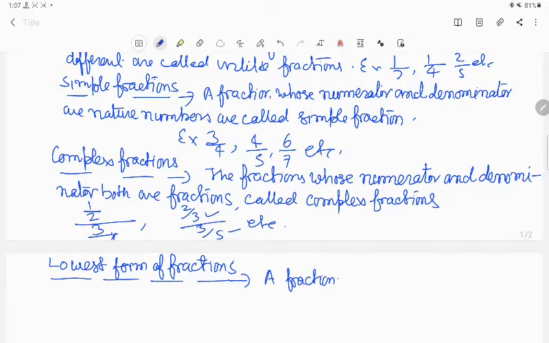A fraction is said to be in lowest form if its numerator and denominator have no common factor except 1.